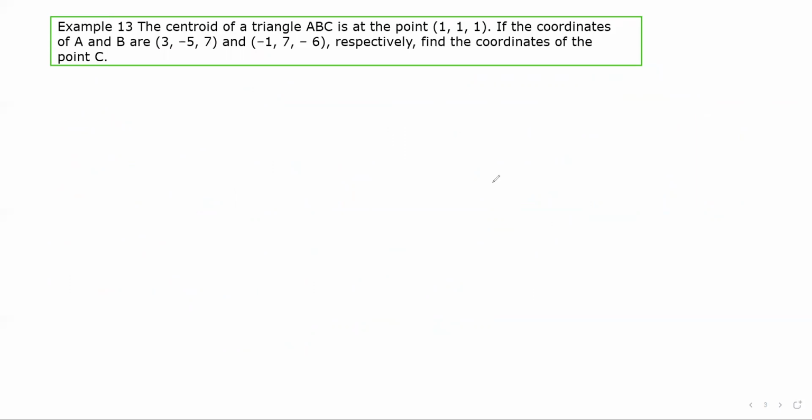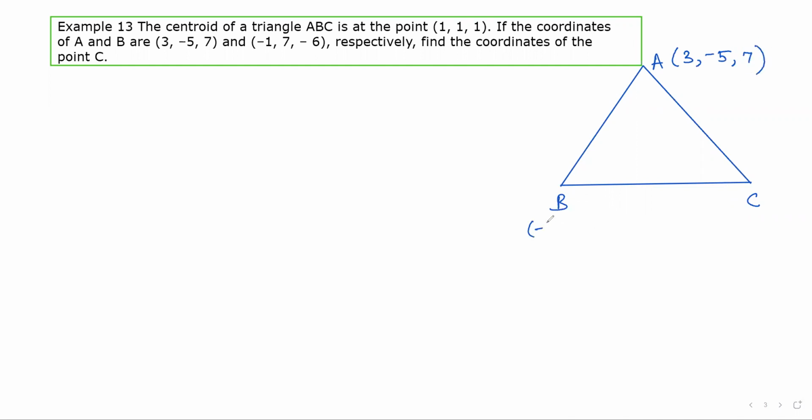So let's draw a triangle first, A, B, C. Centroid of the triangle, if the coordinates A and B are (3, -5, 7), B would be (-1, 7, -6).